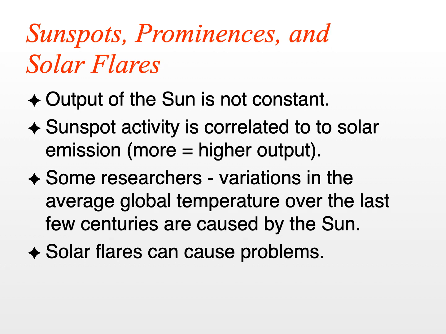Climate researchers have discovered that variations in global temperature may have been the result of the sun, and we're talking about time periods, centuries, not days. Solar flares can produce problems, and I'll talk about those in a minute.